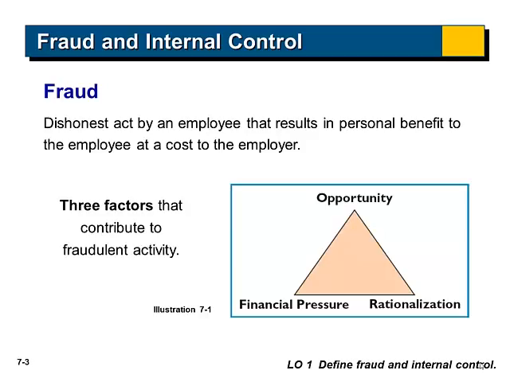And so you can rationalize it to yourself and say, you know what, I earned this or I am owed this. And so this is a very common way of thinking that employees use when they are committing fraud against their employer.